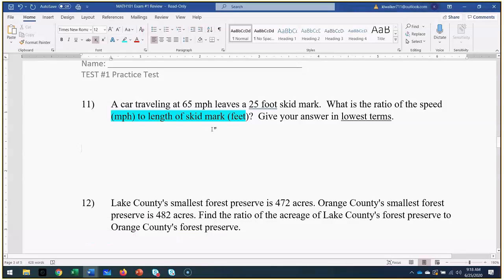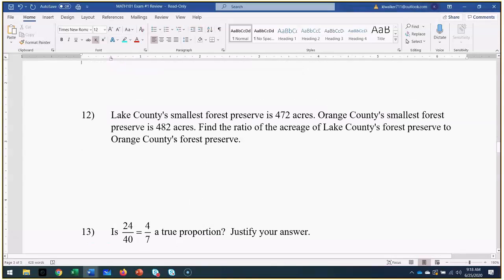Okay. Number 12 is the same thing. They say Lake County's smallest forest preserve is 472 acres. Orange County's smallest is 482 acres. Find the ratio, that's a fraction, of Lake County to Orange County. So we need Lake to Orange. It doesn't say to simplify, but we're going to do that anyway. So Lake is first, 472.